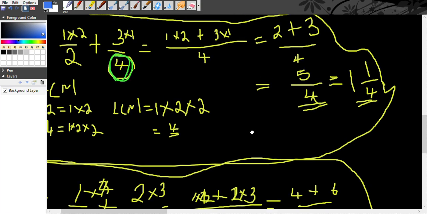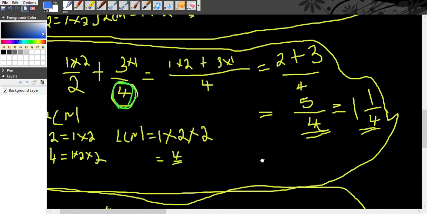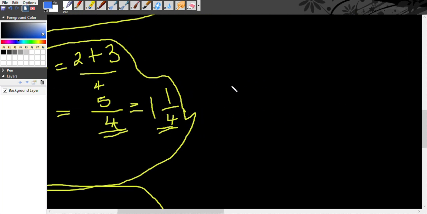Yes, another rule is when the denominators are different. For example, 1 over 2 plus 3 over 4. Denominators are different, but one of the denominators is our lowest common multiple. So we just write the denominator which is the lowest common multiple, and find out how many times one of the denominators goes into the lowest common multiple.